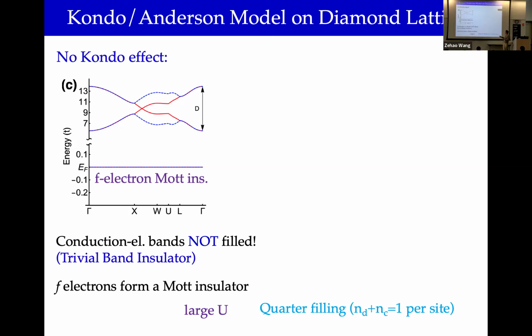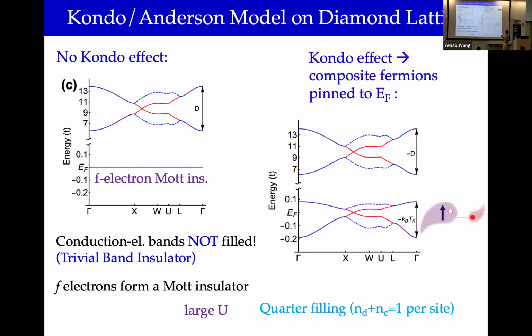Good. So now, on the other hand, if I turn on the Kondo effect, I promised that the Kondo effect is going to produce heavy, composite heavy fermions, and within the saddle point description, they would form bands. They are very heavy bands, and they are pinned to be very close to the Fermi energy. They must be.